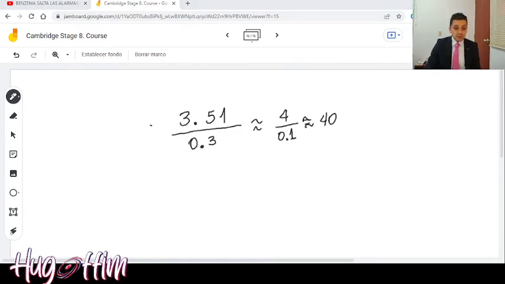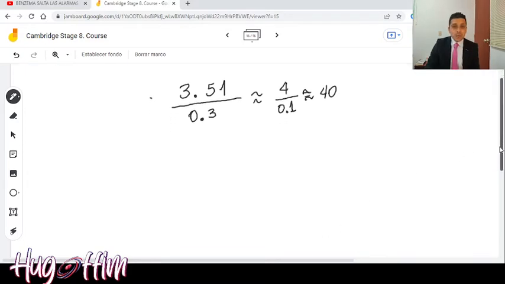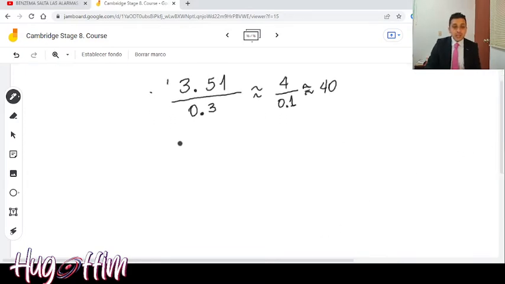I suggest you to perform the division by converting the decimals into integers. So I'm going to multiply by 10 up and down to get 35.1 divided by 3 and multiply by 10 again. So I have 351 divided by 30.